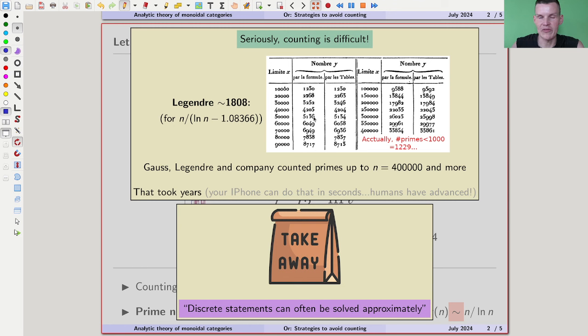And what I was trying to motivate in the last video is that discrete statements can often be solved asymptotically, and very often the answer is actually quite nice. This is the underlying story, the underlying idea of everything I'm talking about, essentially. Okay, I hope that makes sense.